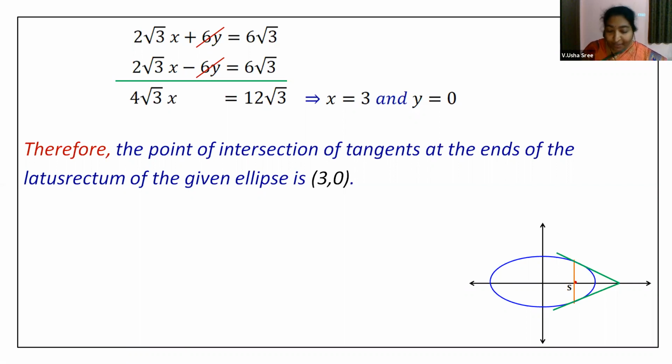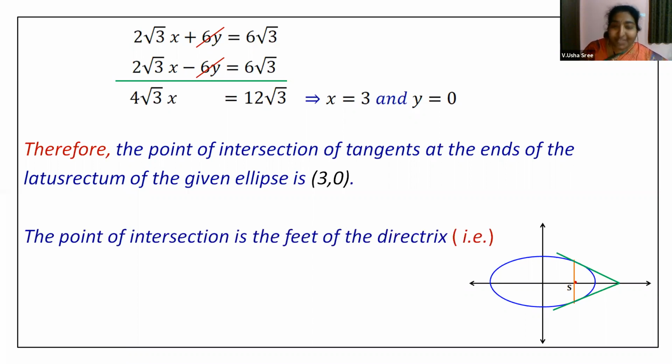What is it? The point of intersection of the tangents drawn at the ends of a latus rectum is nothing but the foot of the directrix. Now, what is the foot of the directrix, children? It is nothing but (a by e, 0).